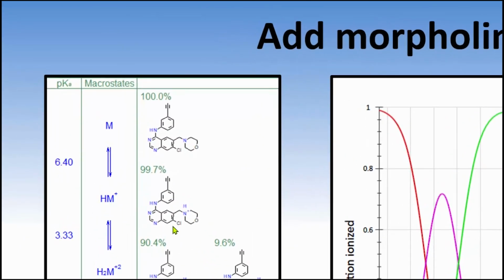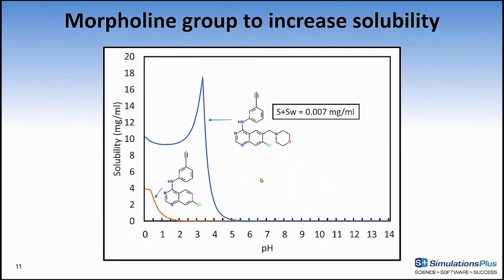6.4. You get a +1 state on the molecule. So that automatically increases the amount of ionization at the higher pHs, and that would result in substantially higher solubility starting here at about 4 and going up very quickly for this molecule.